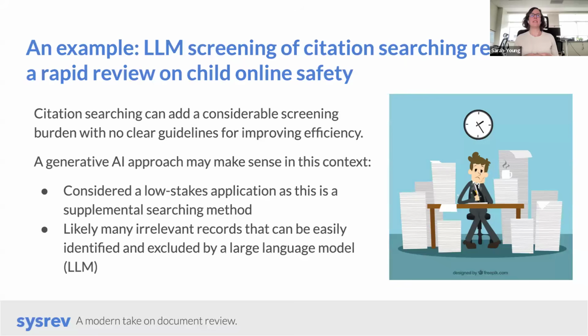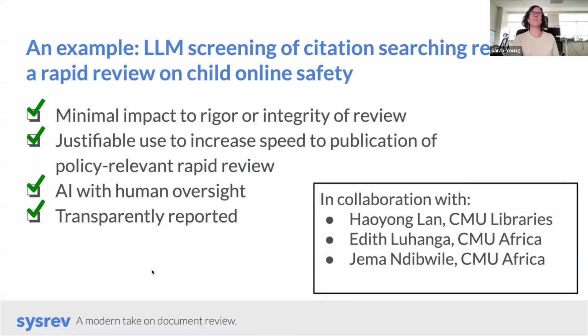And like I said, because of the many very irrelevant records that can come up in these searches, a large language model seems like something that would be quite good at sifting out included from excluded results. So it checks all the boxes with the recommendations, minimal impact to rigor or integrity.